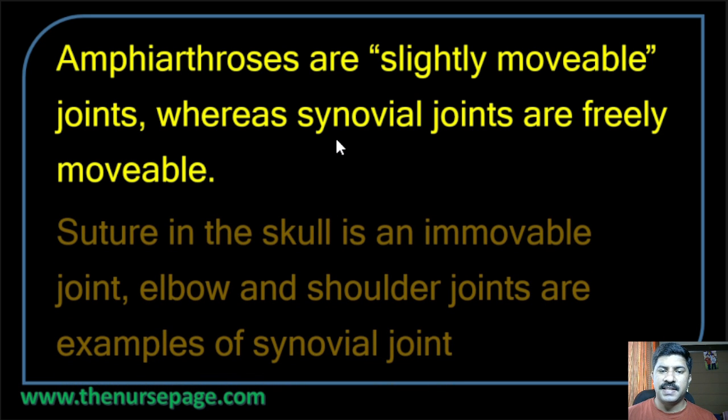Suture in the skull is an example of an immovable, fibrous joint. Elbow and shoulder joints are examples of synovial joints, where there is a synovial cavity and synovial fluid between the bones.